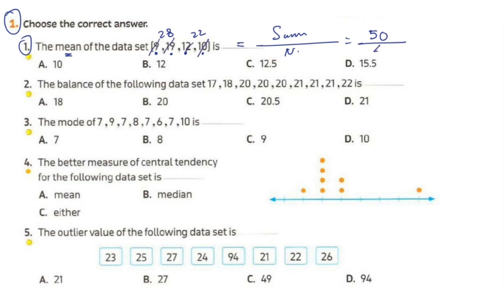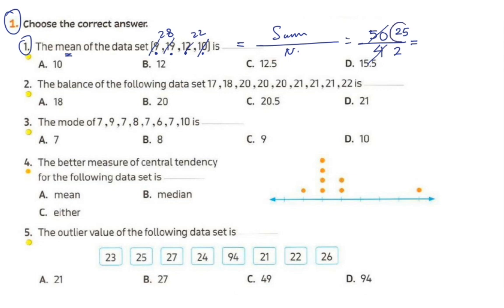I have 4 numbers, 4 values. Now I need to divide 50 by 4. I can simplify it by dividing 50 by 2 and 4 by 2. 50 by 2 equals 25 and 4 by 2 equals 2.